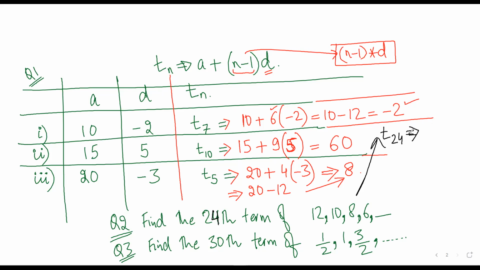T24 would be equal to 12 plus 23, that is 24 minus 1, into the common difference. What is the common difference? Minus 2. Mr. Satya, any doubt? No, sir. This will be equal to?